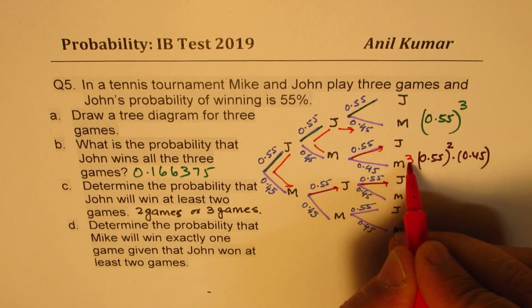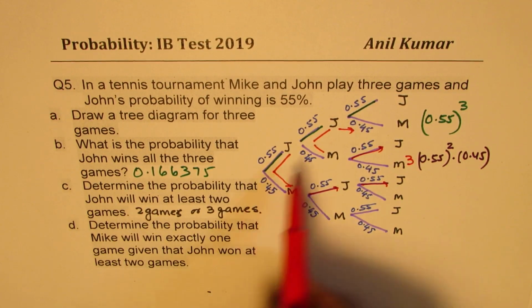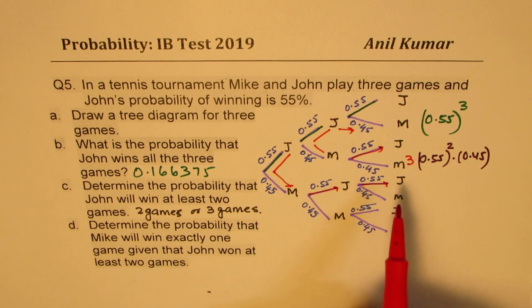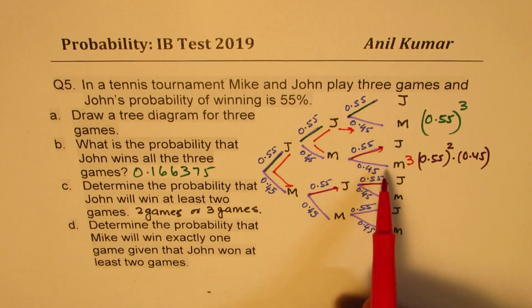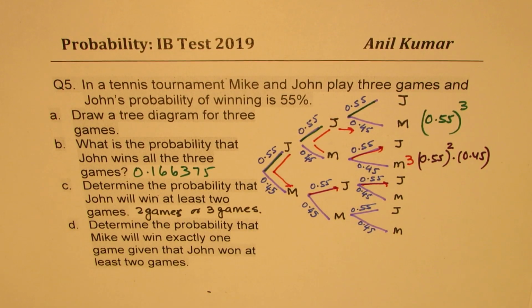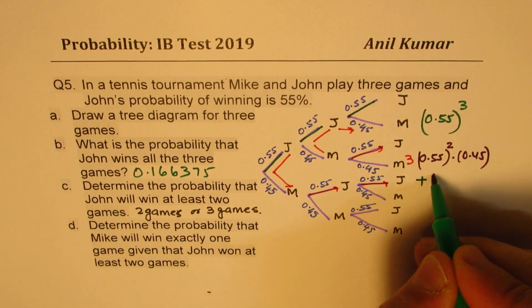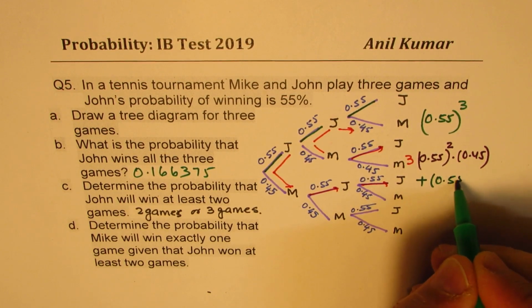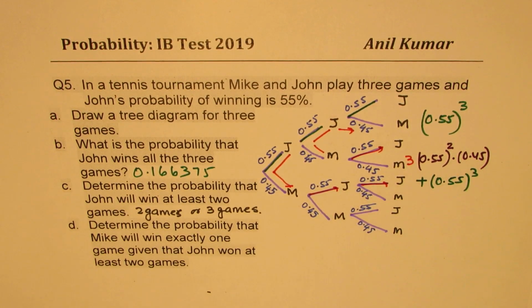So we'll multiply this by 3. You get an idea. So these are the 3 ways in which John wins 2 games. And one way, of course, which we have seen earlier, is that he wins all the 3. So that is at least 2. So we'll add 0.55 whole cube. So that gives us the answer.